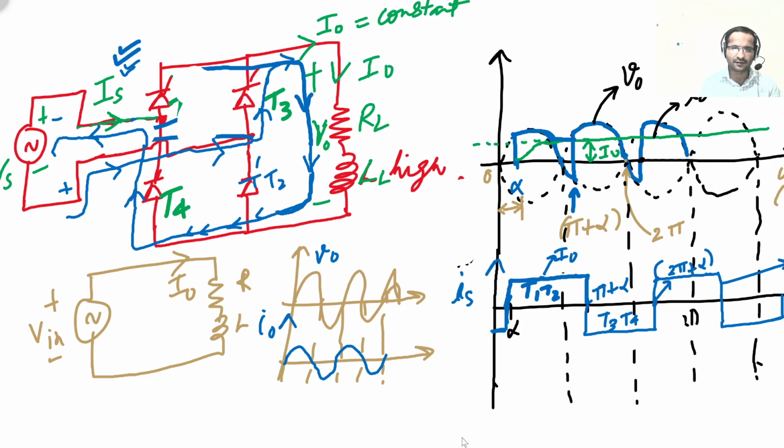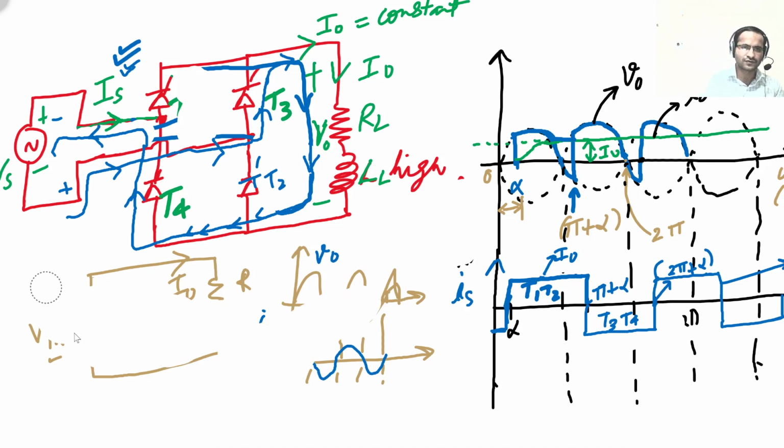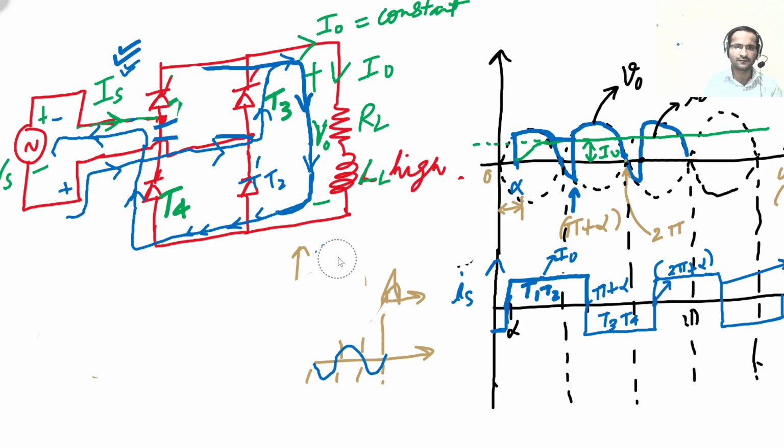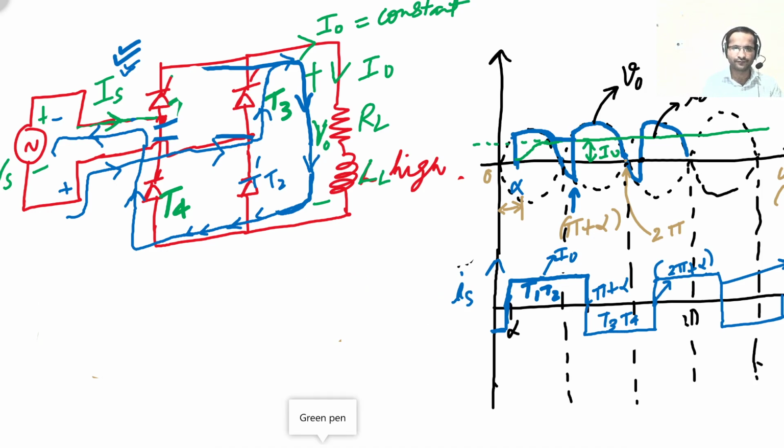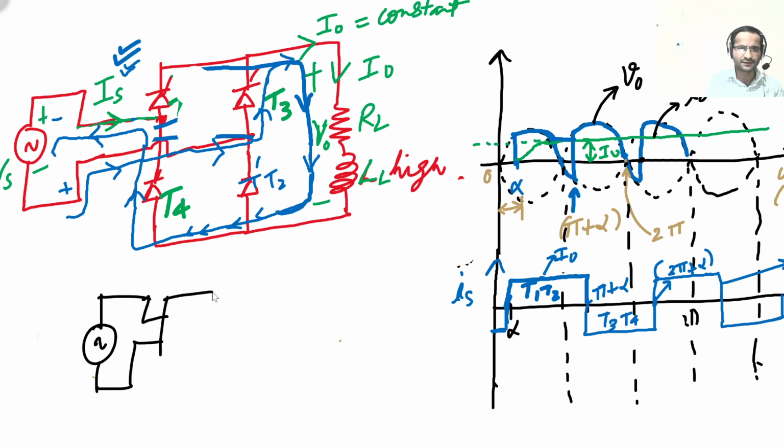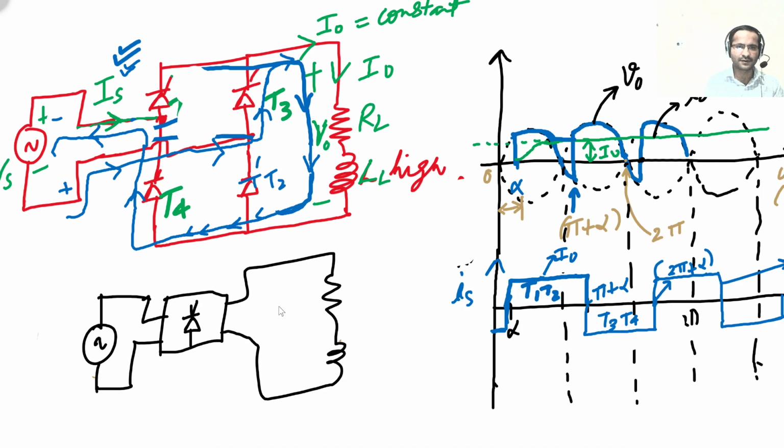But when we connect the source voltage to the load through a converter, which is a full bridge converter, this is the full bridge converter, just a block diagram representation I am showing here, then what we observe is that the source current is no longer sinusoidal.